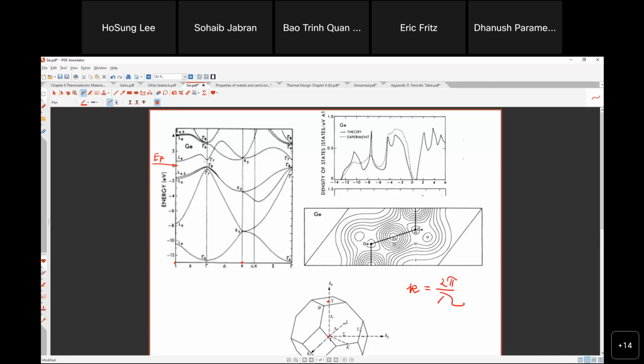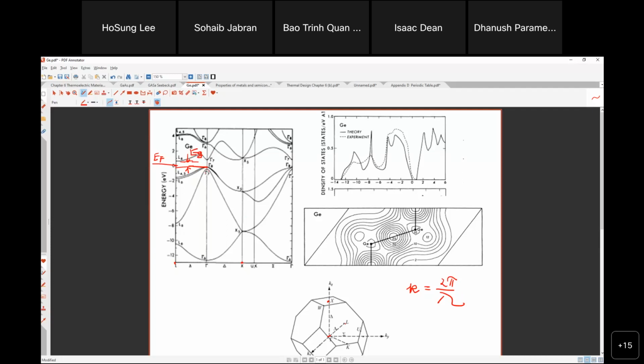Okay, so what is the name of it? Anyone answer? The distance between valence top and conduction bottom. Somebody answer. What's the name? Band gap. Band gap. Yes. Energy gap or band gap.